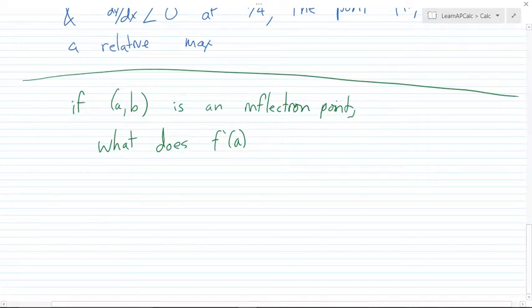Is it one thing? Does it have multiple values? So let's see if we can answer that question.